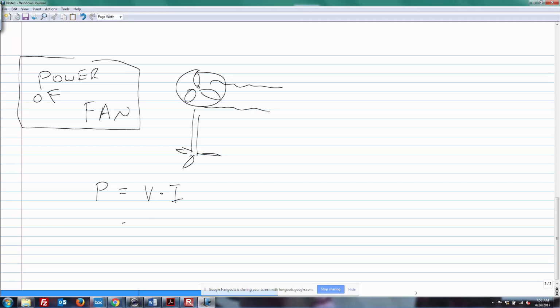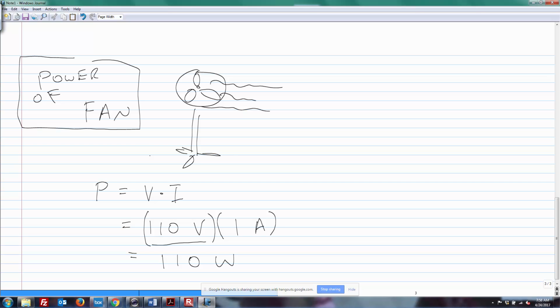I'm just going to take a guess here that the voltage is 110 volts. You'll have to tell me. And I'm going to guess that the current is maybe 1 amp. So the power is going to equal about 110 watts.